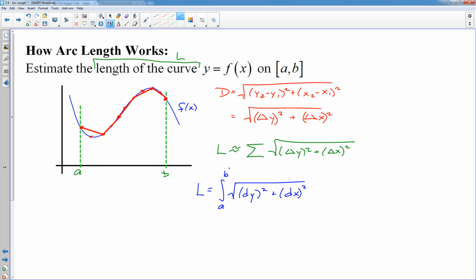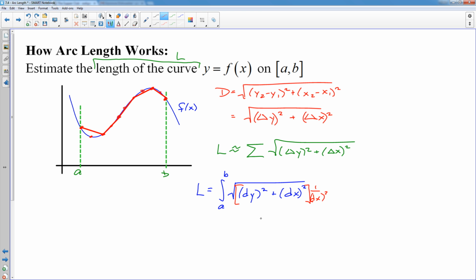Now, one thing you may notice is in this arc length formula, we are missing what we typically have on the outside, which is a dx or a dy, to tell you what your primary variable is. So the way we fix that is we do a little bit of algebra here. On the inside here, I'm going to multiply everything by 1 over dx squared.